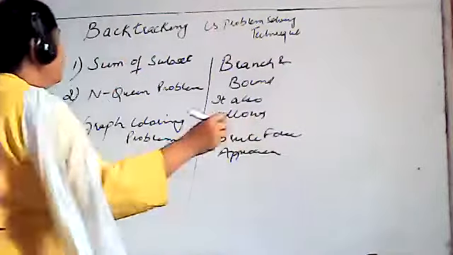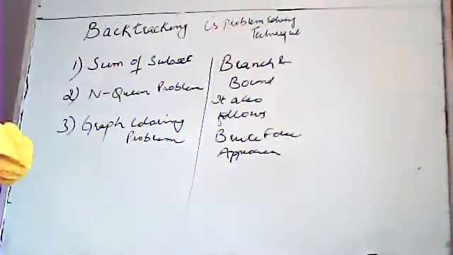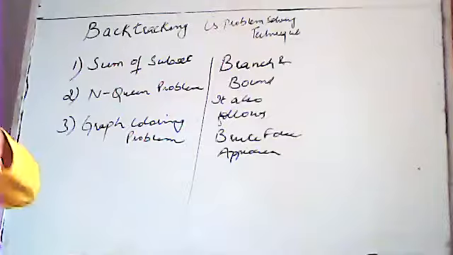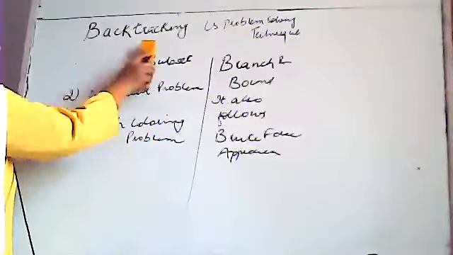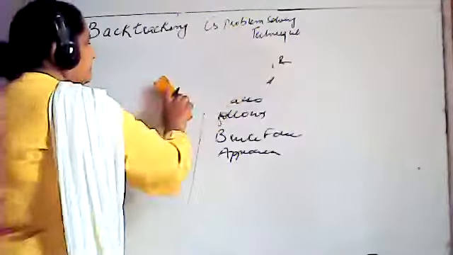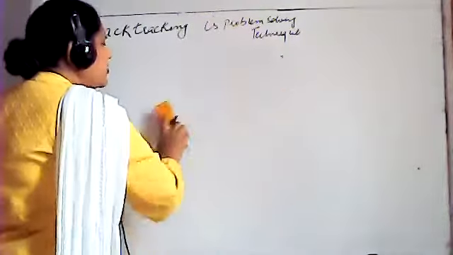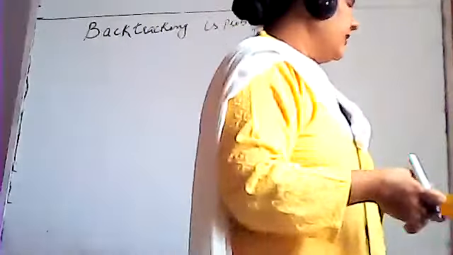The similarity between backtracking and branch and bound is that both follow the brute force approach. Both consider the set of all possible solutions and then come to the final solution. We will be doing branch and bound later on. It was just to make you aware that something like branch and bound also exists.